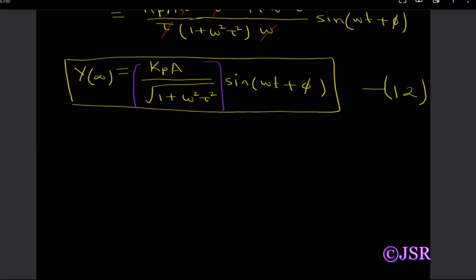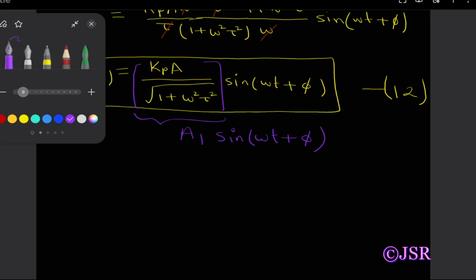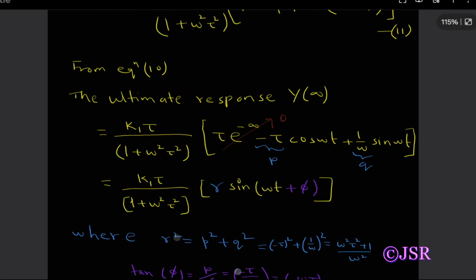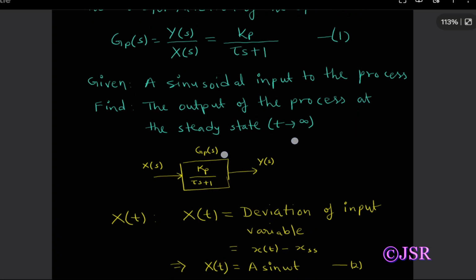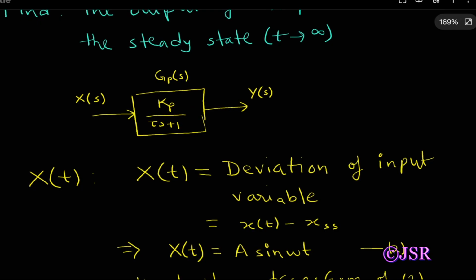So the amplitude of the output will be this bracket term. So let's say this is capital A1 and this is sine omega t plus phi. So here we can see from the first slide, right?